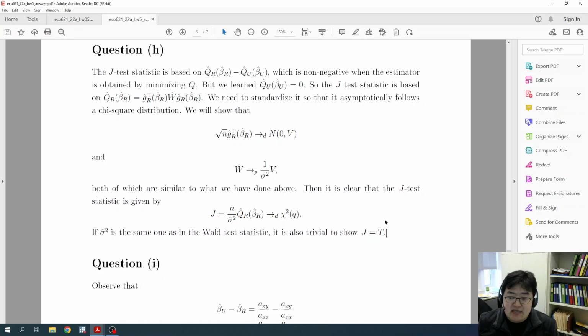What I say is that the J test and the Wald test are equivalent in the limit if the sample size is sufficiently large. But in our example, they are exactly the same, even not in the limit, everywhere, as long as sigma squared is the same.